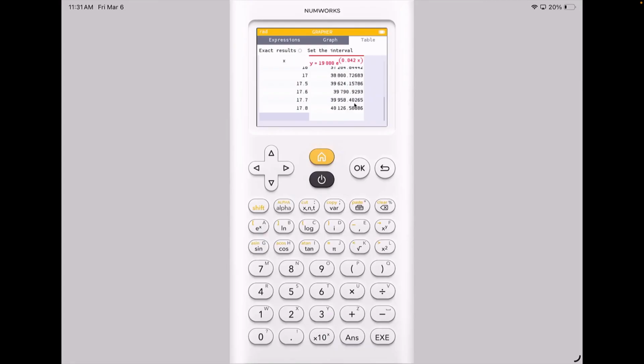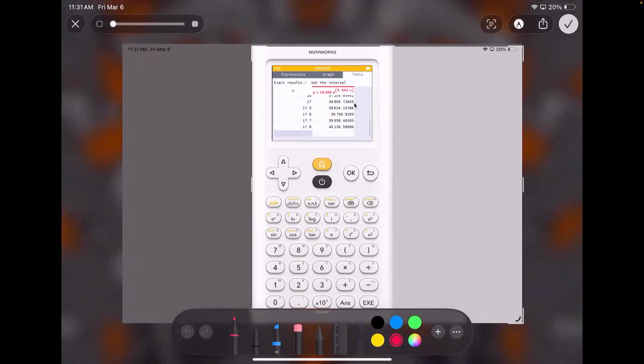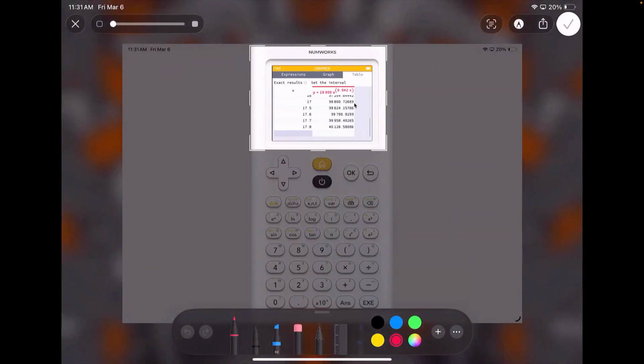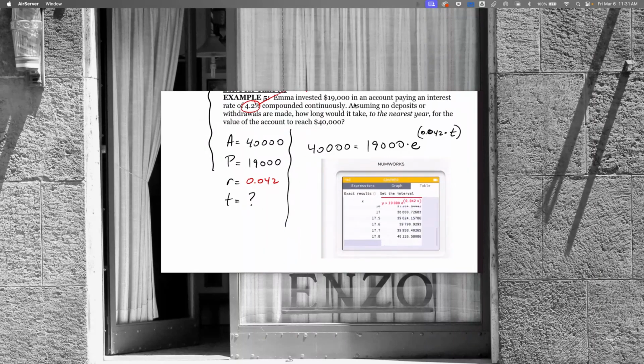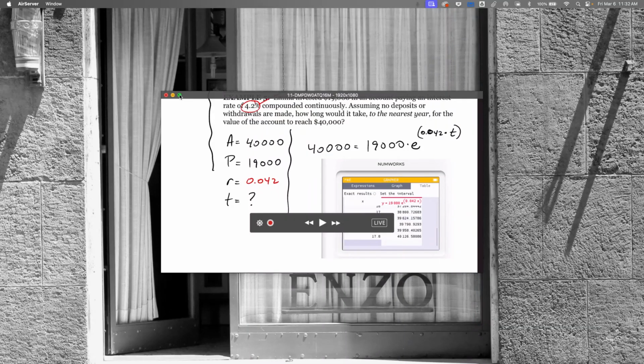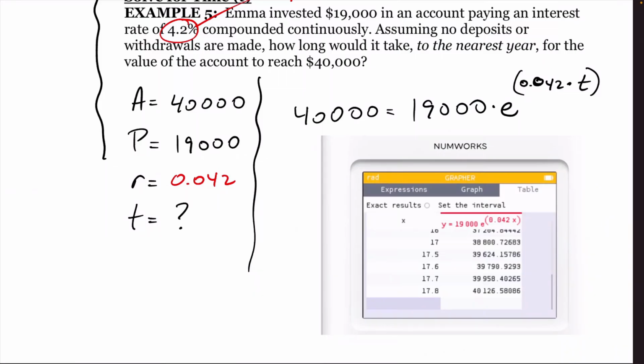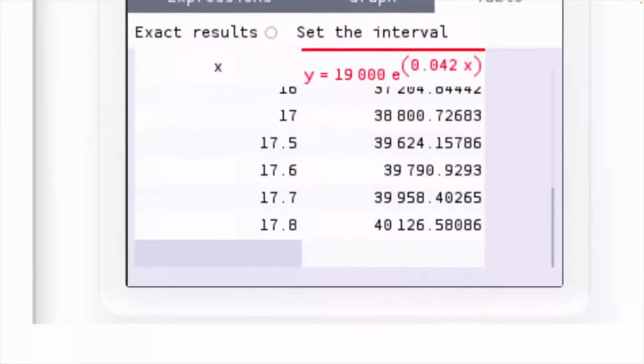Okay, so I'm going to cut and paste. They want to know what's the nearest year that she will reach her goal of 40,000.